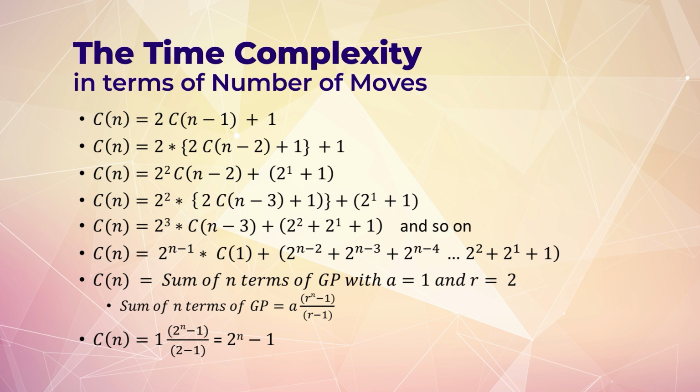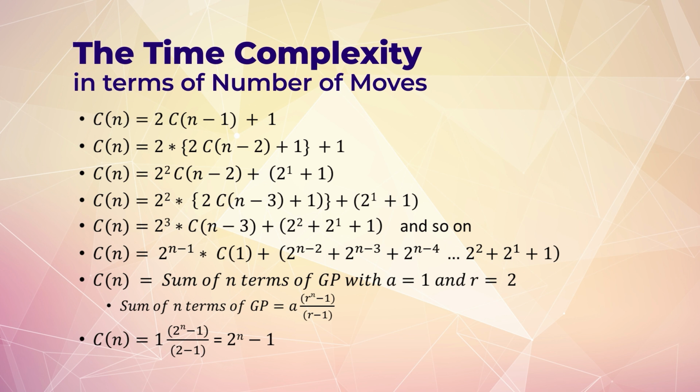So when we substitute the value of R, we get 1 into 2 to the power n minus 1 divided by 2 minus 1, which ultimately leads to the value 2 to the power n minus 1.